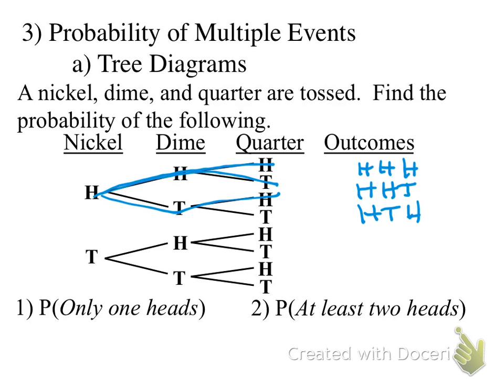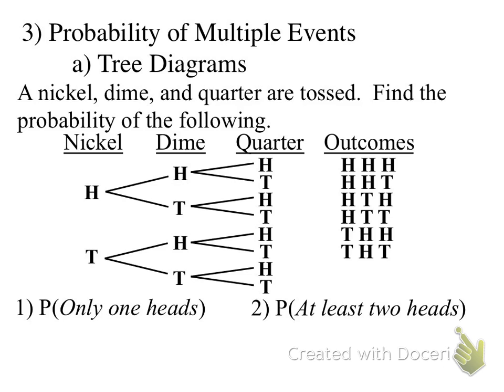Once I've figured out what all the possibilities are, I look at which ones have only 1 heads. Tails, heads, tails. Perfect. So we have 3 possibilities, and that would be 3/8.